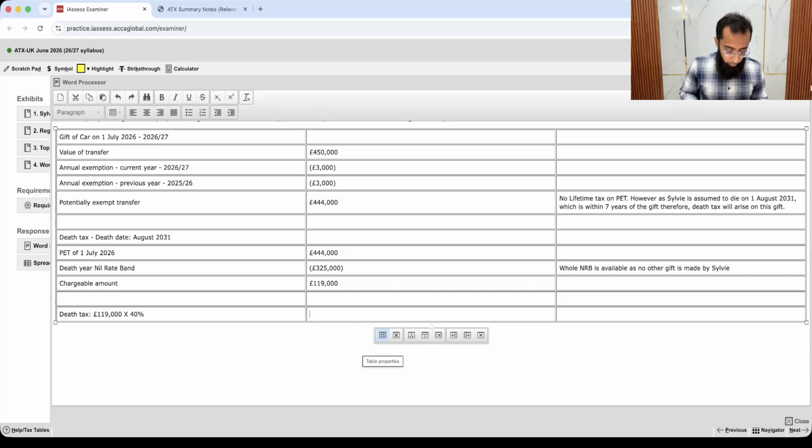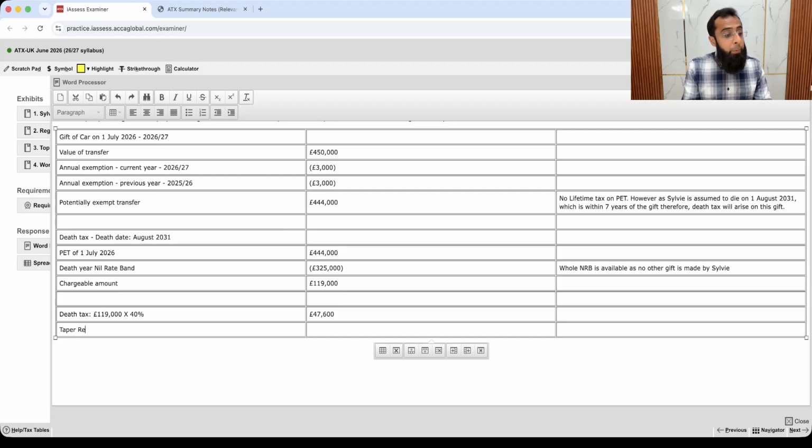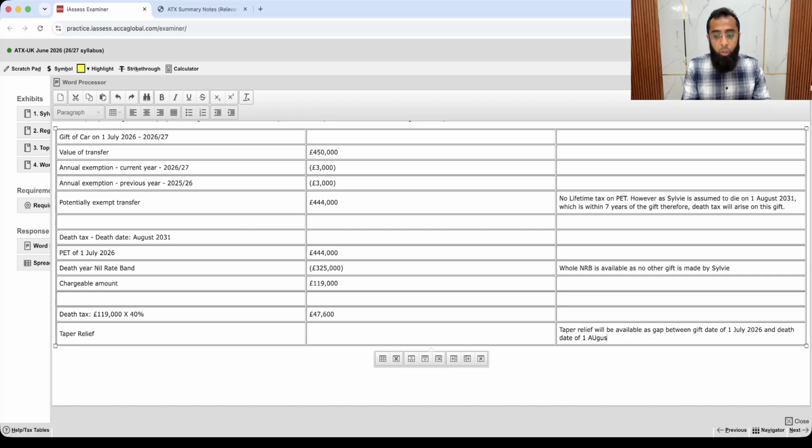Into 0.4, 40% tax, so it's 47,600. You will get taper relief. Why? Taper relief will be available as the gap between the gift date of 1st July 2026 and death date of 1st August 2031 is more than 3 years.